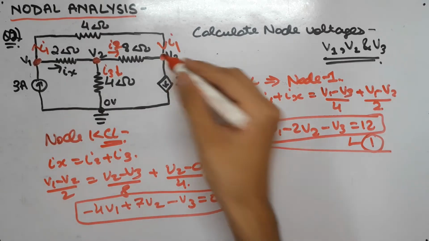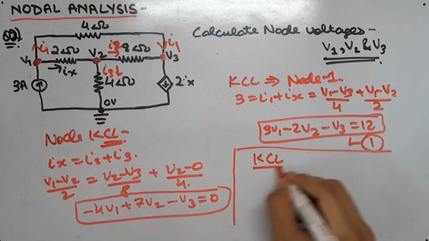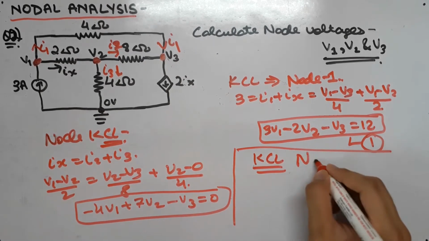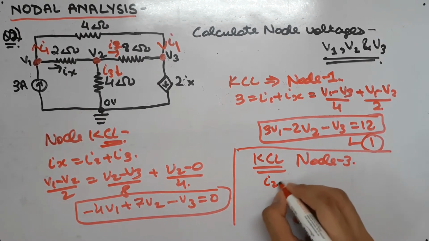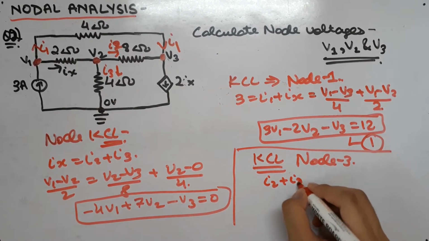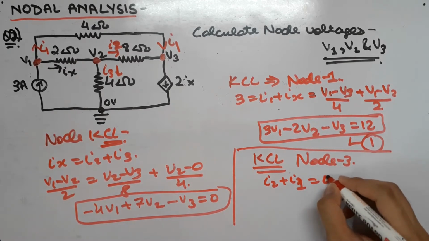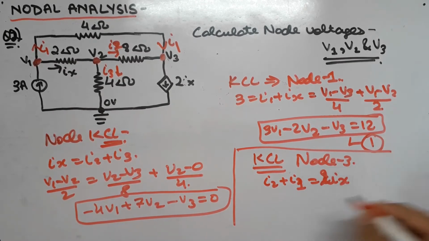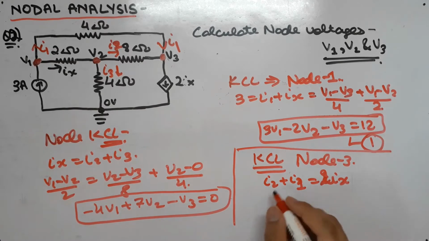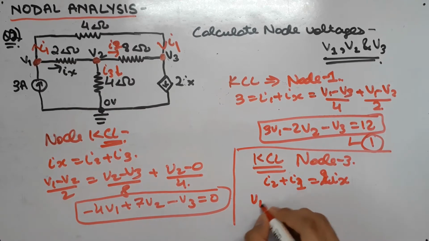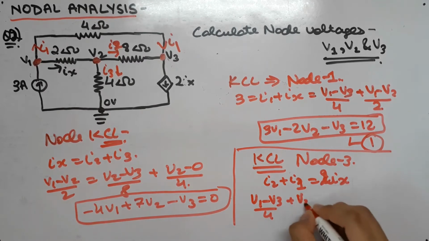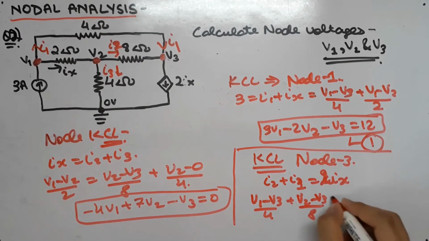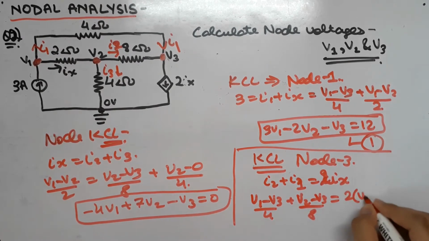Now at node 3, we are going to apply KCL again. From there we will get the equation as I2 plus I1 is equal to 2Ix. Now we will convert this in the form of V by R, that is I2 will be written as (V1 minus V3) by 4 plus (V2 minus V3) by 8 is equal to 2 into (V1 minus V2) upon 2.